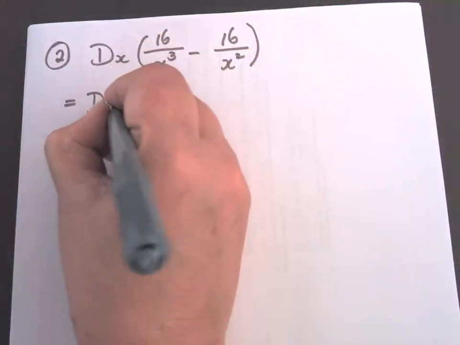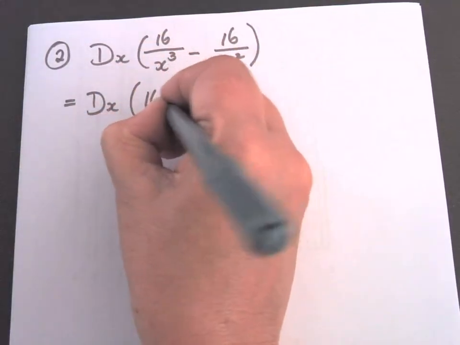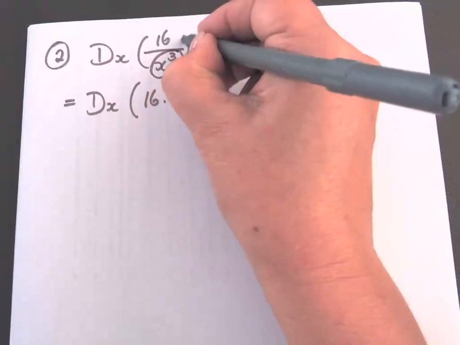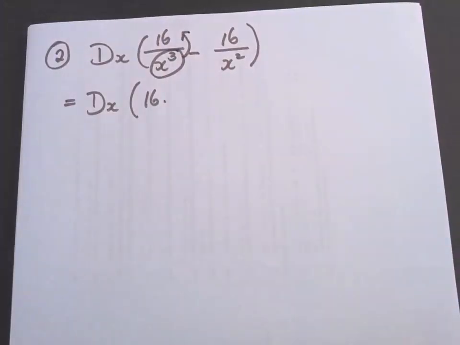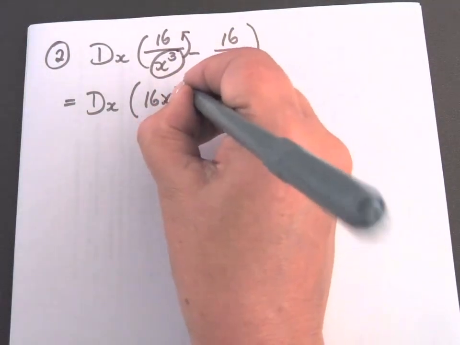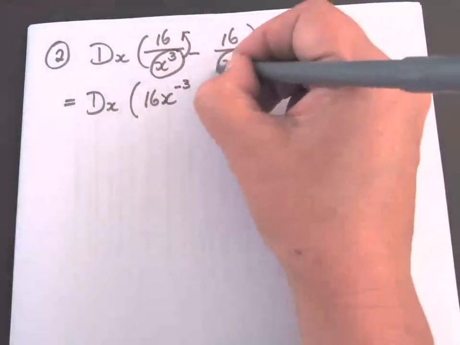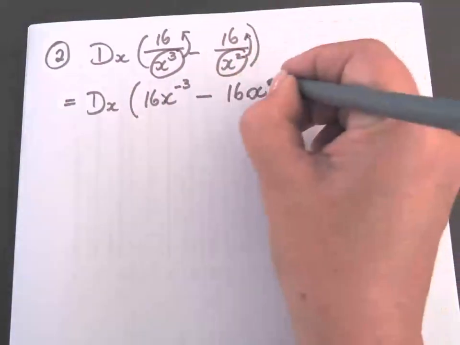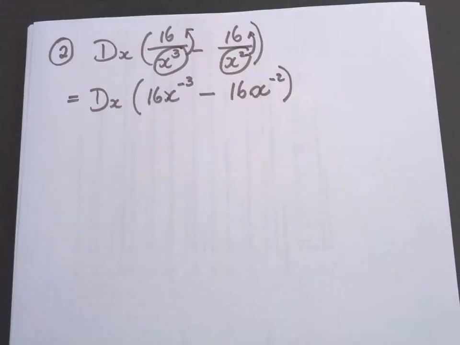So d/dx, 16 times, I have to take this x to the power of 3 to the numerator. So it becomes what? x to the power of negative 3 minus, take this up, 16x to the power of negative 2.